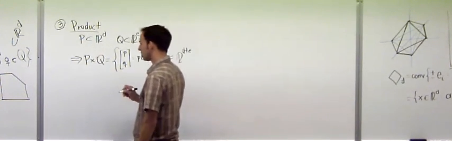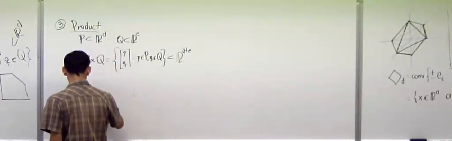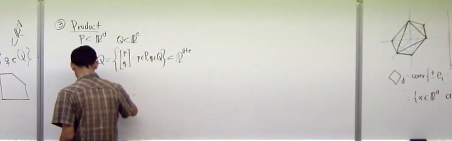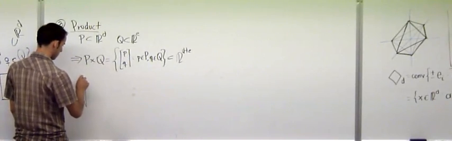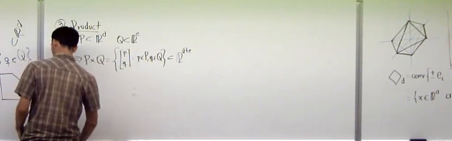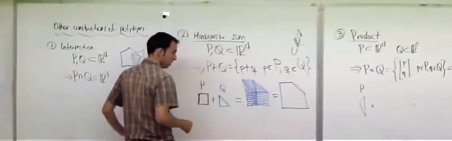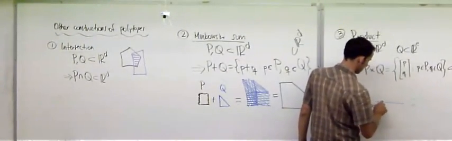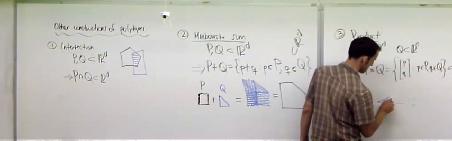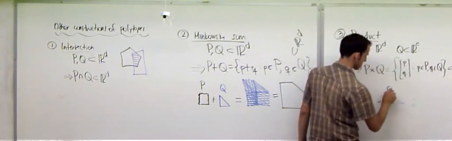Okay? And again, what I want to do for now is just show you how you would draw this. Okay? So let's say that you want to take the direct product of this polytope and, let's say, this polytope.